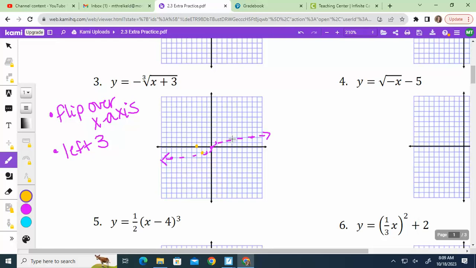Left 3. If I take 8, 2 and flip it, it goes to 8, negative 2. Left 3. Okay, if I take negative 1, negative 1 and flip it, goes up here. Left 3. And negative 8, negative 2, flip it. Left 3 kind of takes it off my graph here.